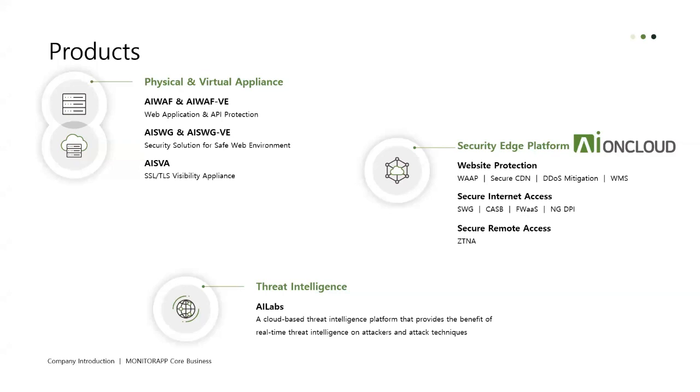Okay, it looks like there are no other questions. On-premise means the virtual machine version? No, on-premise has two different kinds of product. One is the appliance, our own hardware box, and the other is the virtual edition, which works on a virtual machine.